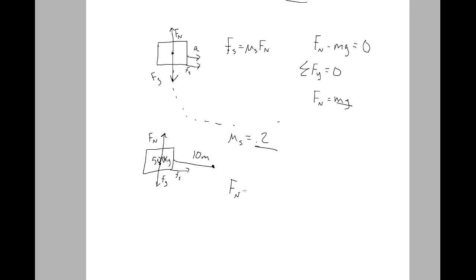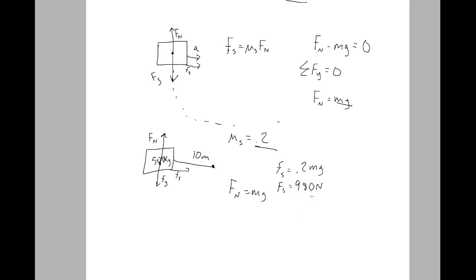So I've got Fn equals mg, and the maximum static friction that can be applied is 0.2 times mg. So if I go 0.2 times my mass, which is 500, and let's go 9.8 for gravity, the maximum static friction that I can apply is 980 newtons.